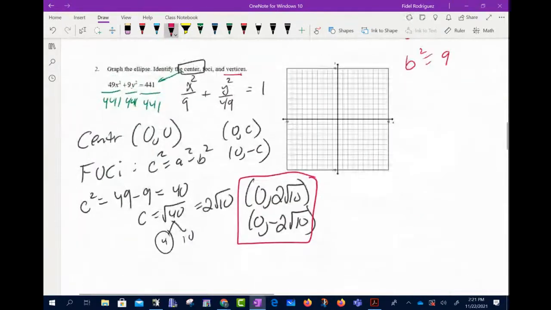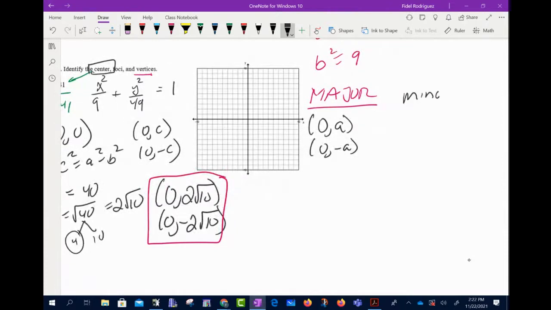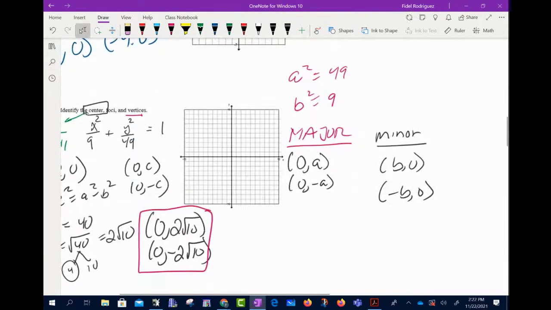Okay, so let's do this. We're going to go with the major. It's going to be the points 0, a and 0, negative a. And then for the minor, it's going to be b, 0 and negative b, 0, right? Okay, so let's take a look here.